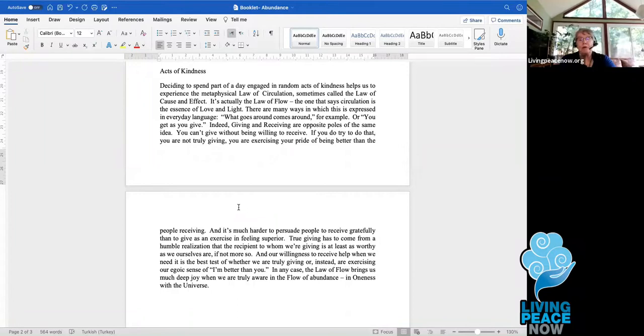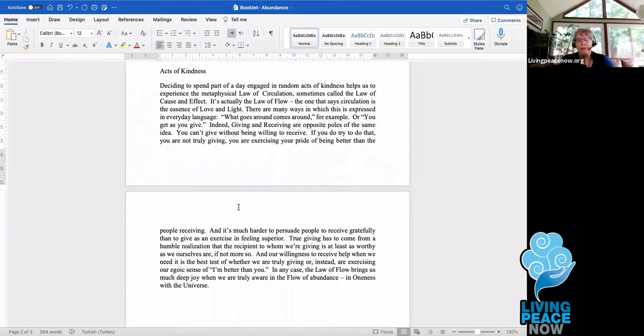It's actually the law of flow, the one that says circulation is the essence of light and love. There are many ways in which this is expressed in everyday language. What goes around comes around, for example, or you get as you give. Indeed, giving and receiving are opposite poles of the same idea.